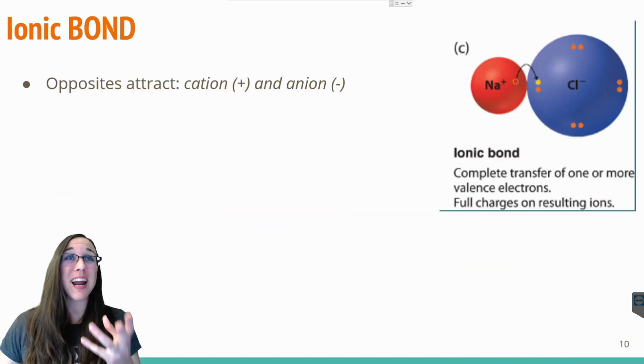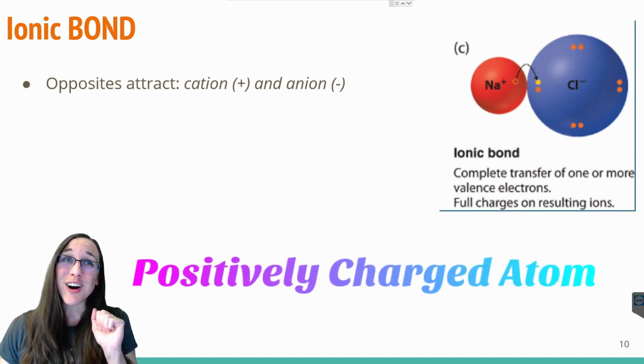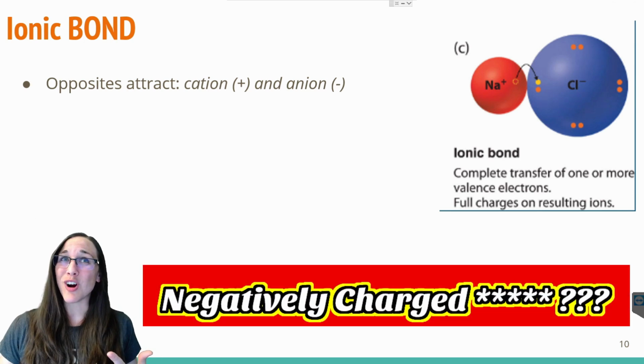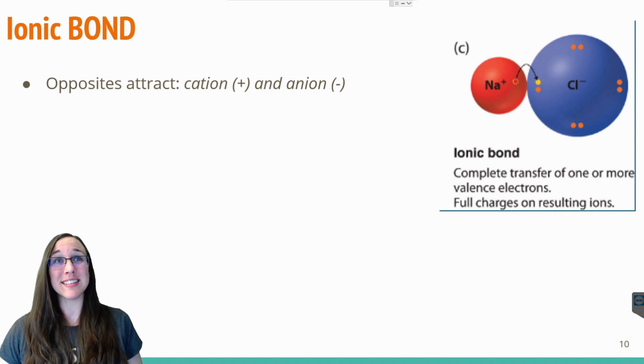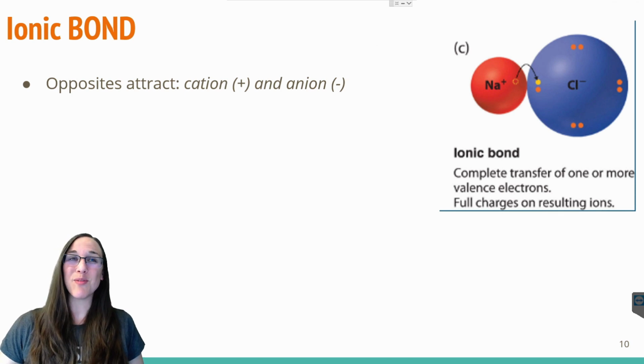So now that we know that ionic bonds are essentially just this attraction between a cation, the positively charged atom, and an anion, the negatively charged atom, ionic bonds have that complete transfer of valence electrons, or theft. They steal or they give from the valence shell.